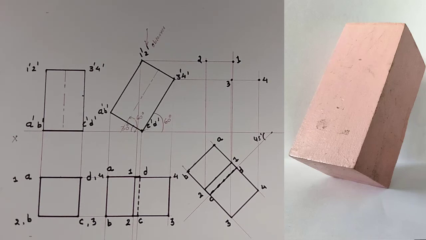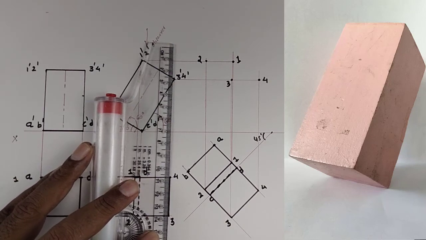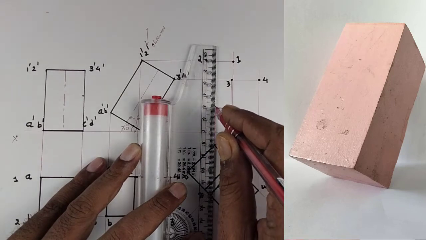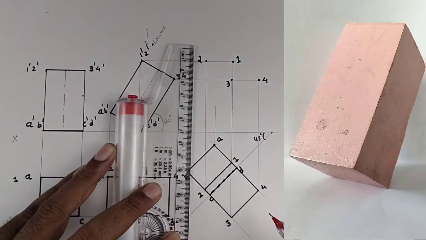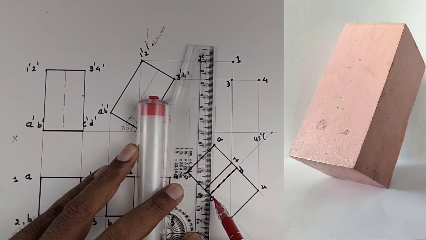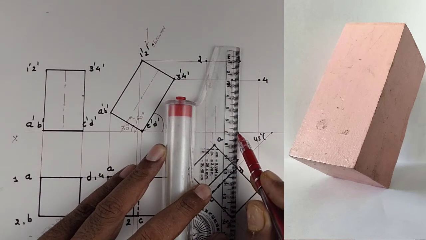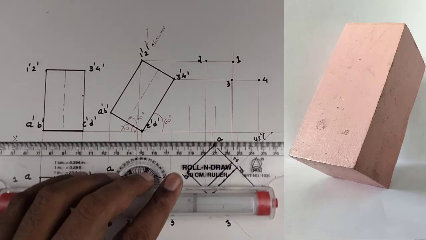Similarly, you can take the vertical projection from the lower base. This is a projection from corner A. This is a projection from corner B. This is a projection from corner C. This is a projection from corner D. And similarly, you can collect the horizontal projection.